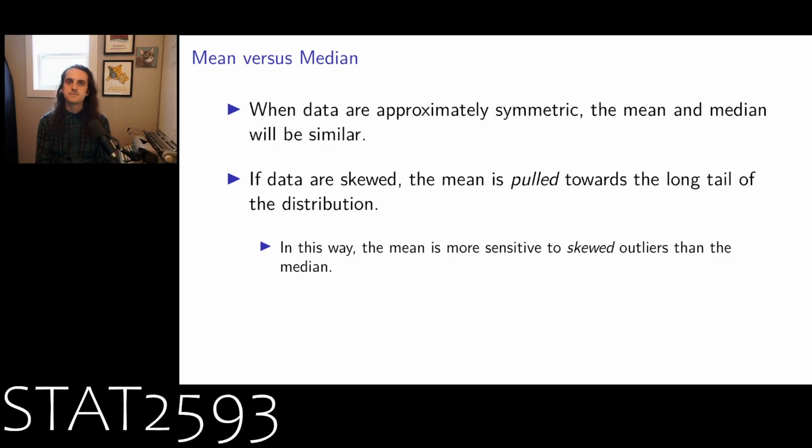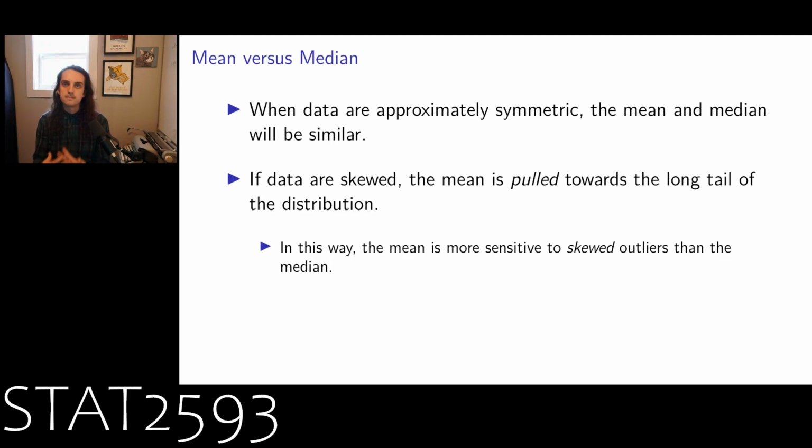The really common example of this is if you're thinking about incomes, right? And so we know that for incomes, most people earn in a particular range. Say, almost everyone is earning less than $200,000 a year as a family. But there are some families that are going to be earning multiple millions of dollars every year, right? And so if you think about how we're calculating the sample mean, by adding up their very large incomes, and then still dividing by the same n, what we're doing is we're pulling up that mean.